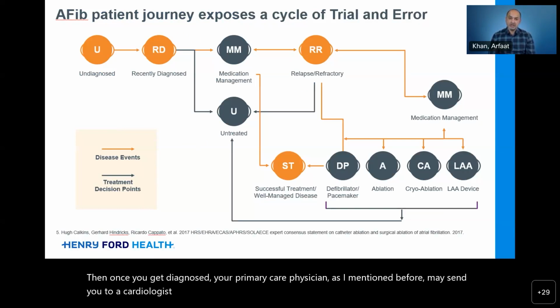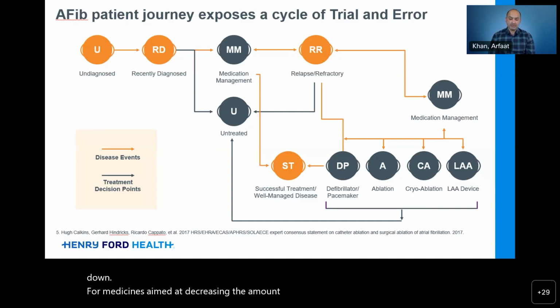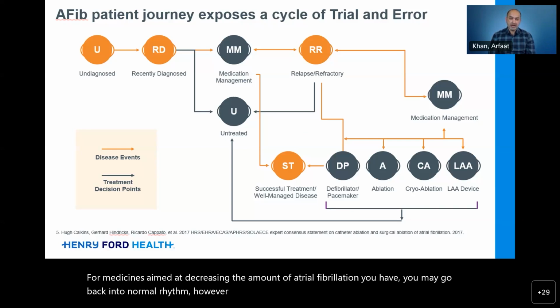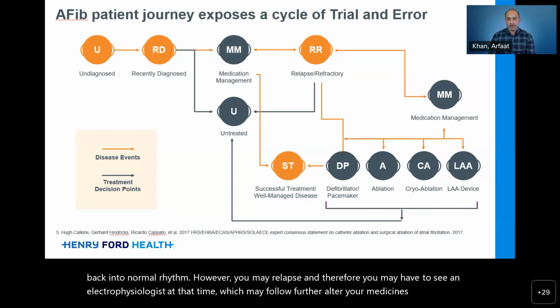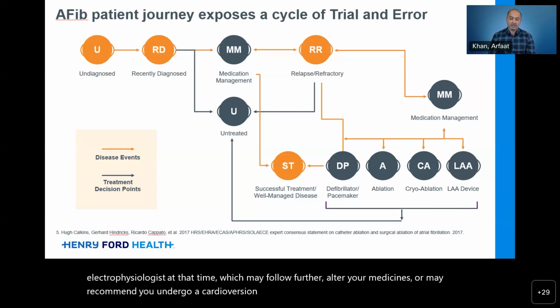We may try medicines, such as medicines to help slow the heart rate down, or medicines aimed at decreasing the amount of atrial fibrillation you have. You may go back into normal rhythm, however, you may relapse, and therefore you may have to see an electrophysiologist at that time, which may further alter your medicines, or may recommend you undergo a cardioversion or a procedure called an ablation.